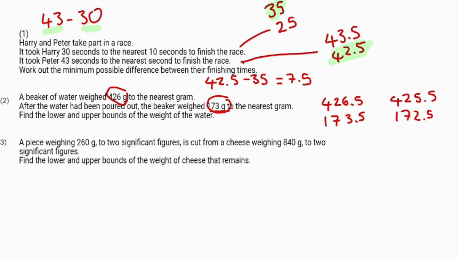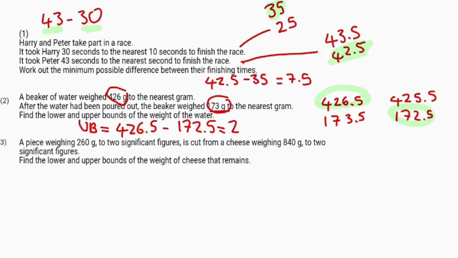Seeing as we're using upper bounds and lower bounds, to get the upper bound, so the greatest weight of water, we need this 426 take away the 172.5, which is 254.